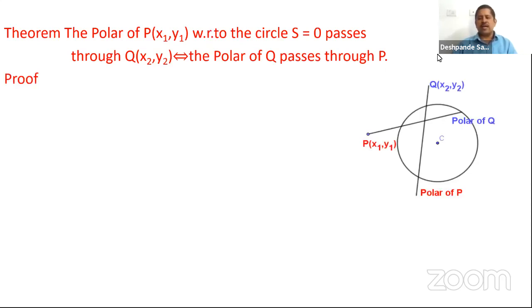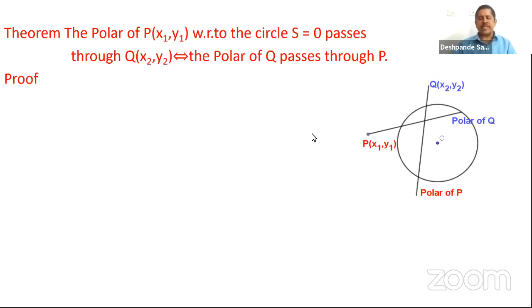You have P as a point, and this is the polar of P. You see that on the polar of P, you have point Q. If you find the polar of Q from this point, the polar of Q is this one, and it is passing through P. So you observe from the figure that the polar of P passes through Q and the polar of Q passes through P.